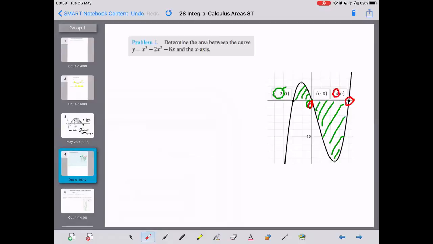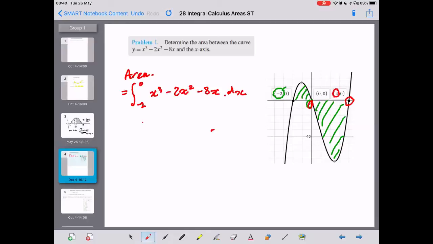So what we need to do is say the shaded area equals the integral between lower bound is -2, upper bound is 0, of x cubed minus 2x squared minus 8x dx.